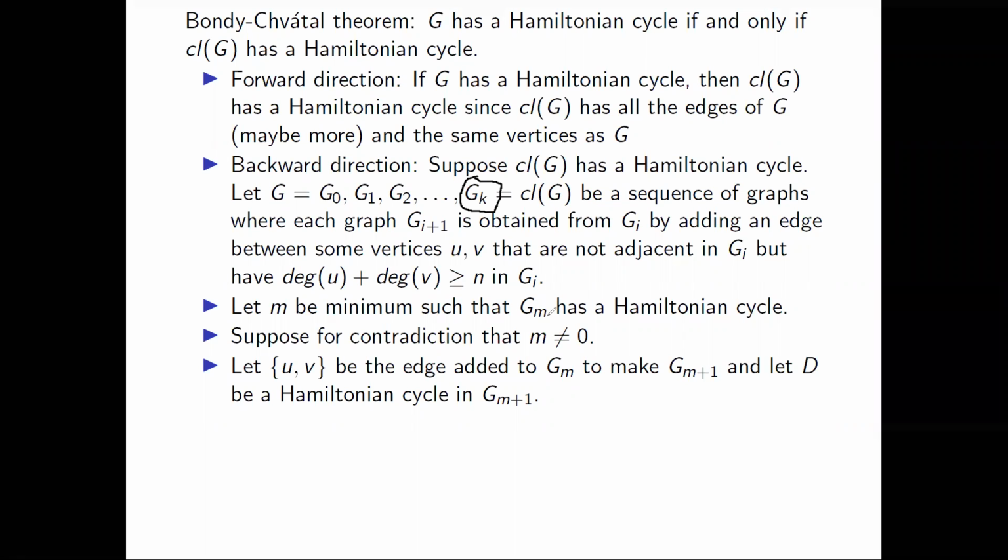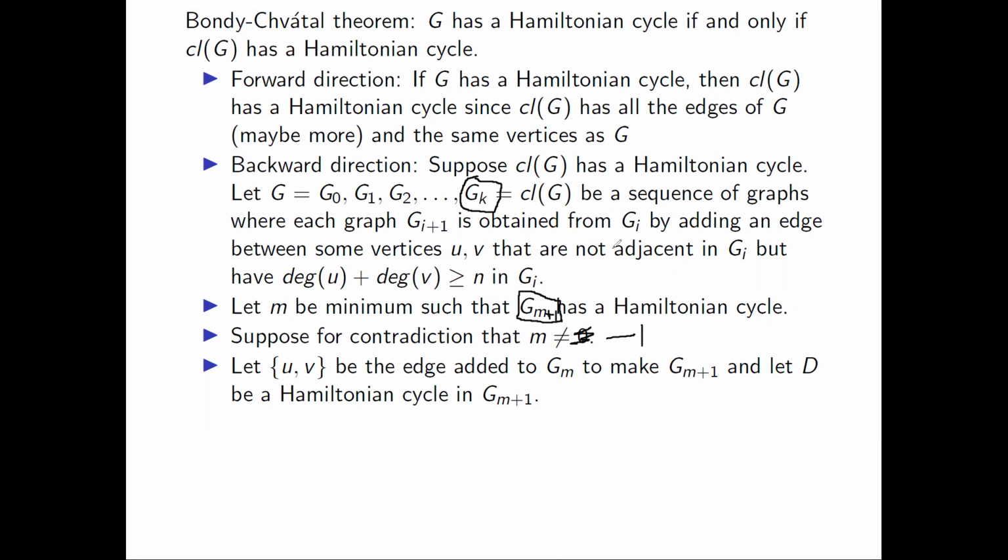So this G of M right here should say G of M plus 1. And we will suppose for contradiction that m does not equal -1. And that fixes everything. So let m be minimum such that g of m plus 1 has a Hamiltonian cycle.